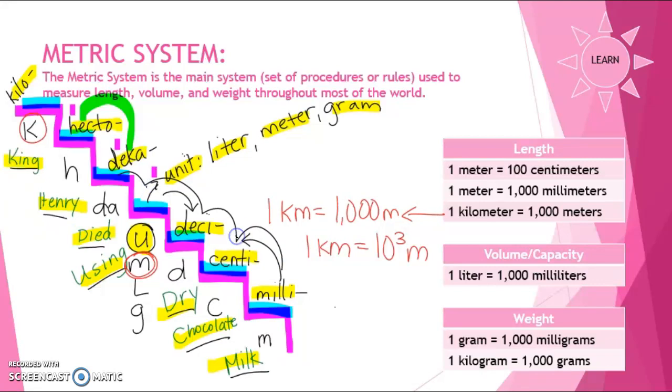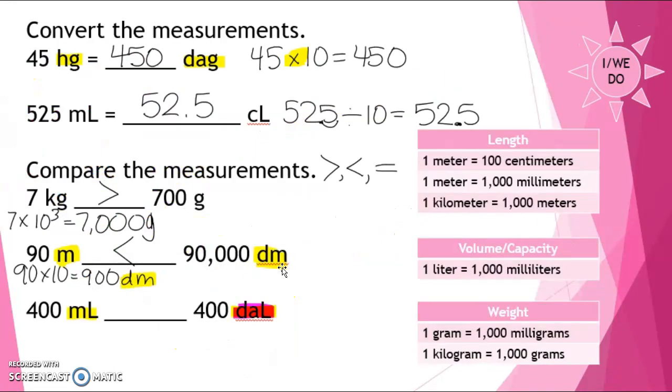So we have 400 times 10 to the 4th power. Oh boy.